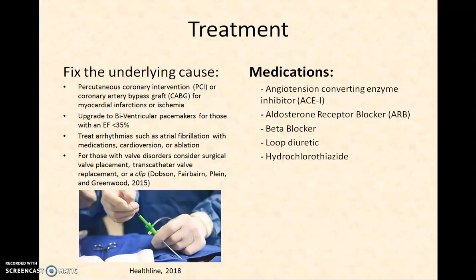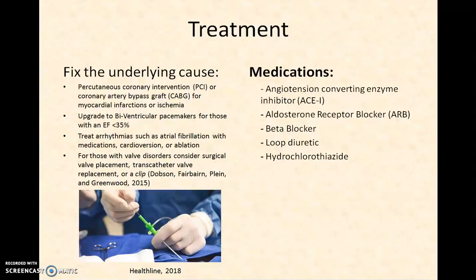So instead of taking out the old valve, they simply inject a new valve in through the vein and go up to the heart, and they open up the new valve in place of the old one. If they're not able to do open heart surgery, there's another thing called a clip, which is when they also go through the vessel and they can sometimes fix the regurgitation valve causing heart failure.